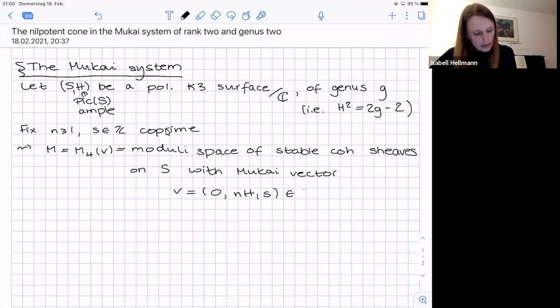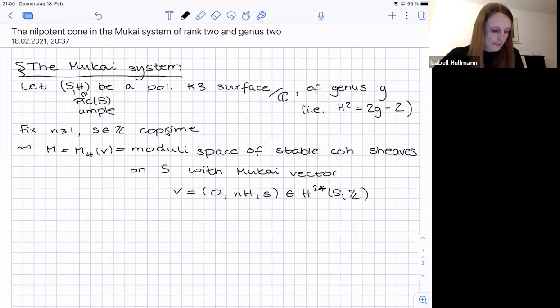So this Mukai vector is an element in the even cohomology of S, and it's just a way to fix numerical invariants of the sheaves I want to parameterize, so that this moduli space actually exists. The first entry means that the rank is 0. So the sheaves I consider are actually supported on lower dimensional subvarieties, so curves or points.